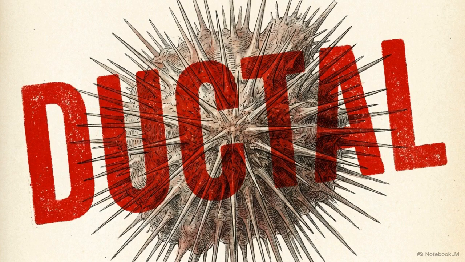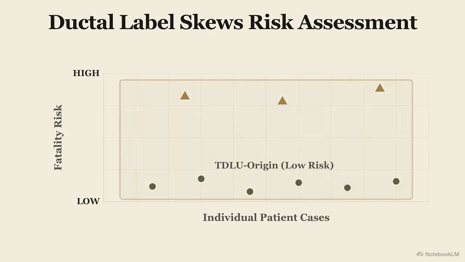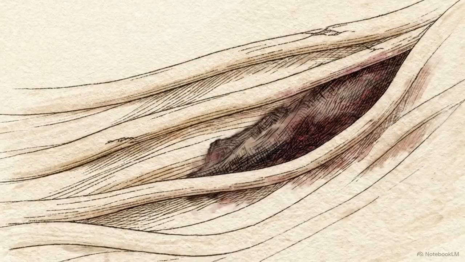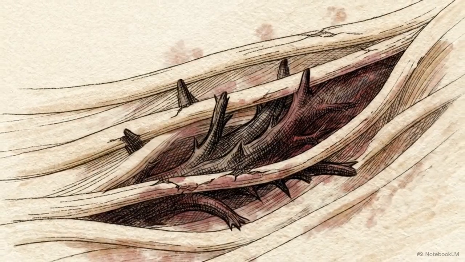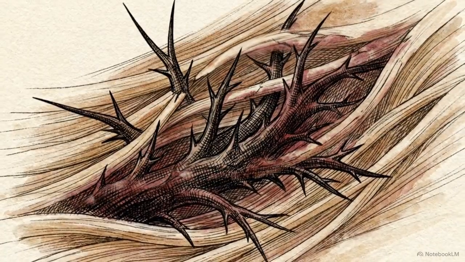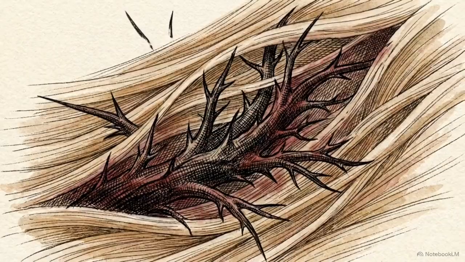By grouping these relatively contained TDLU origin tumors together with true duct origin cancers, the current system heavily skews clinical risk assessment. True ductal adenocarcinoma of the breast, or DAB, operates through a completely different, highly aggressive biological mechanism called neoductogenesis, rapidly penetrating into surrounding healthy tissue.